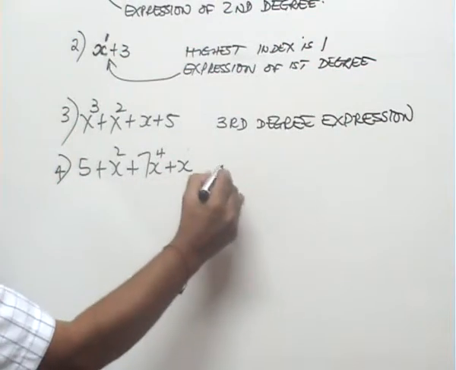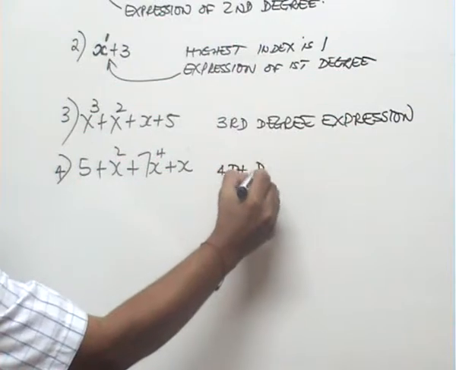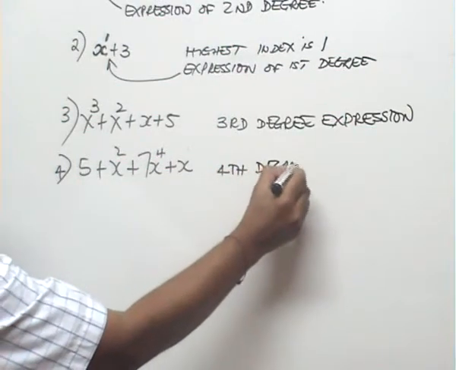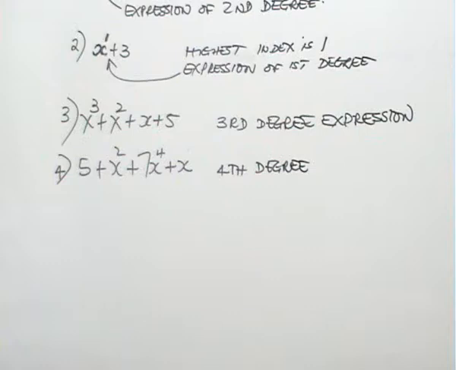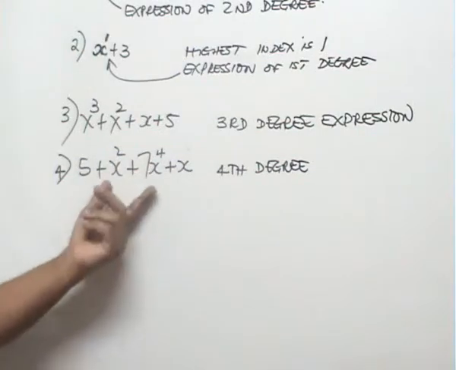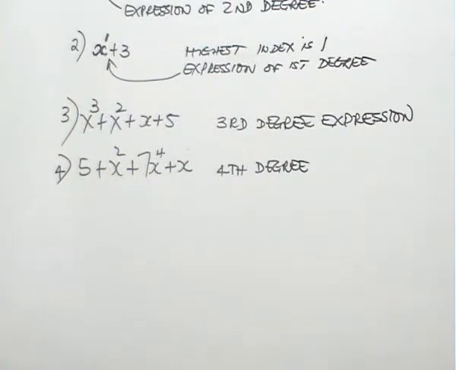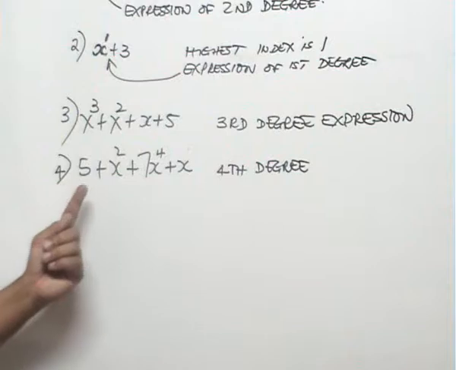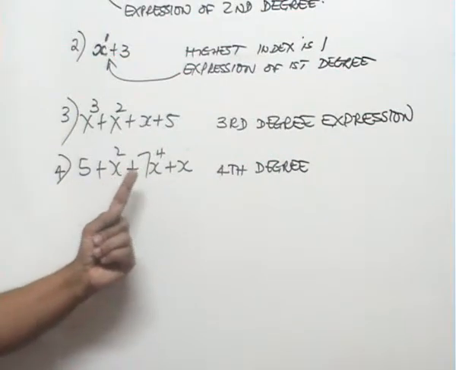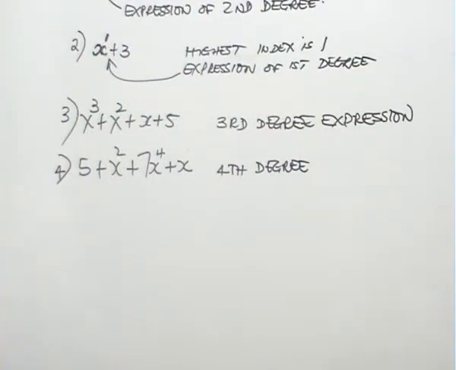So that's why this is a fourth degree expression. So when we ask you what degree of expression it is, you're going to look for the highest index of the unknown or the highest index of the base. We're not talking about numerical bases, we're talking about bases which are letters.